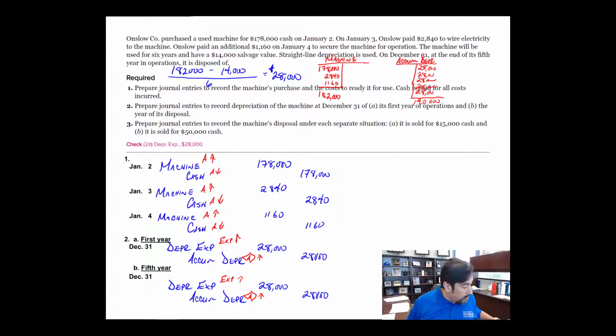So let's look at our journal entry. Actually, we've got 2 of them. So let me create some separation here.